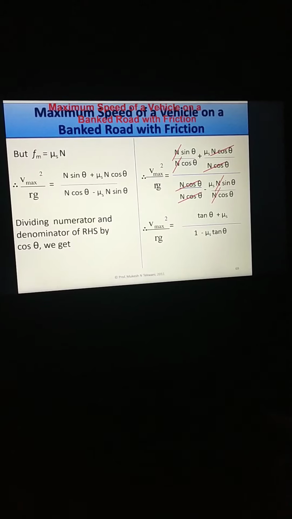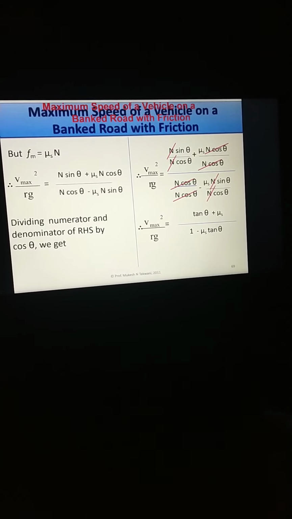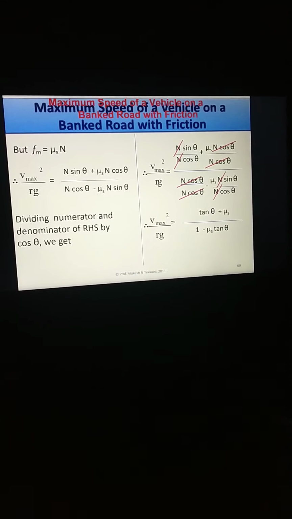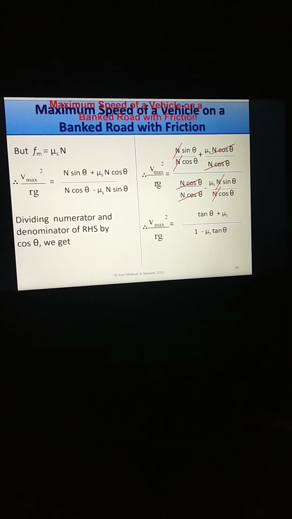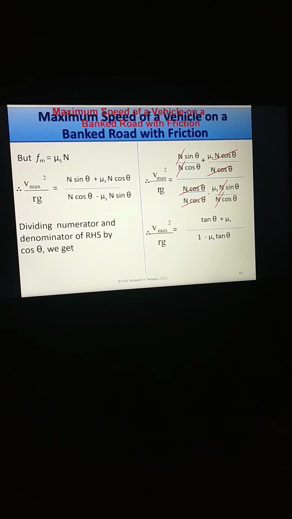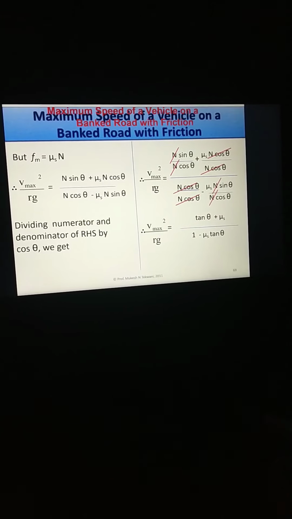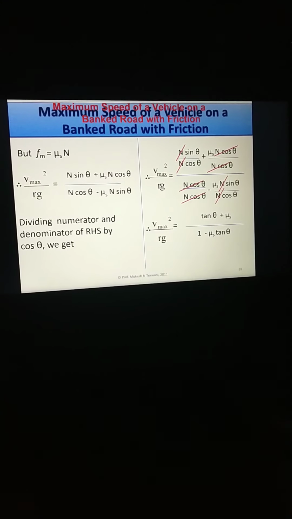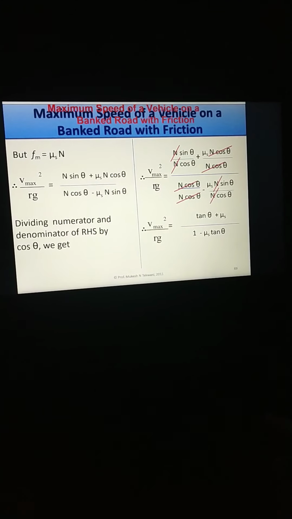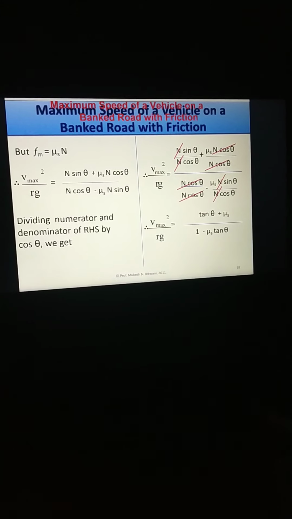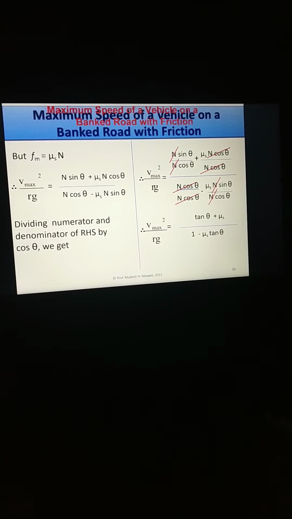Then what you will do here, we will divide numerator and denominator of the right hand side by N cos theta. Okay, so we are getting the expression here. Left hand side v square upon rg is the same. The first term of the numerator, N sin theta, we divide by N cos theta, plus the second term of the numerator, mu s N cos theta divided by N cos theta.